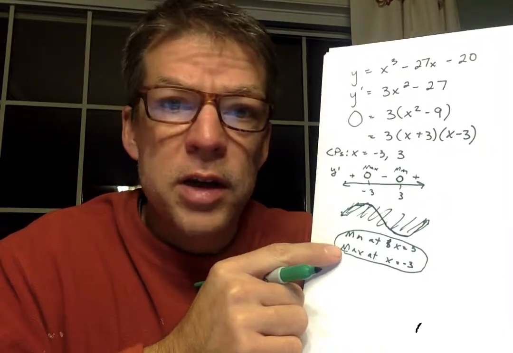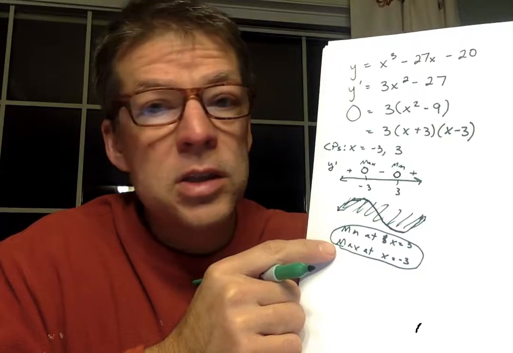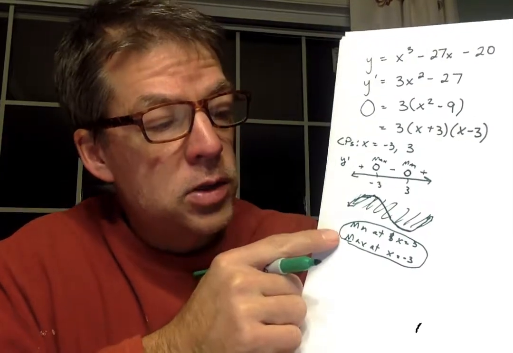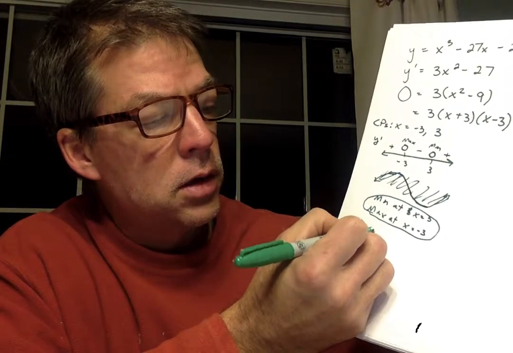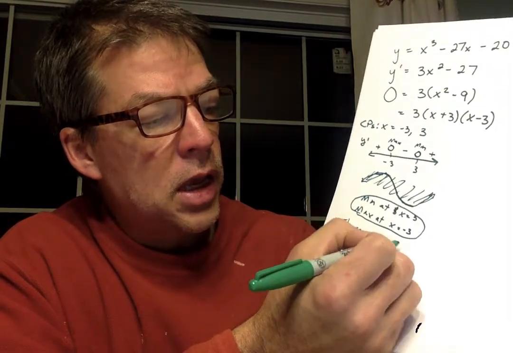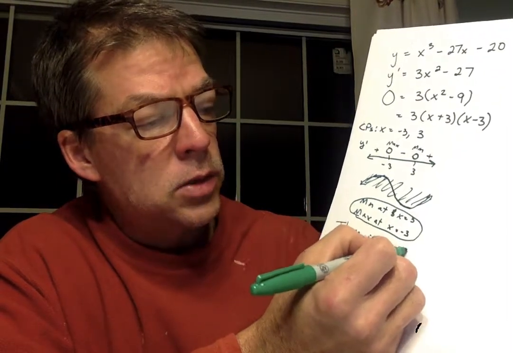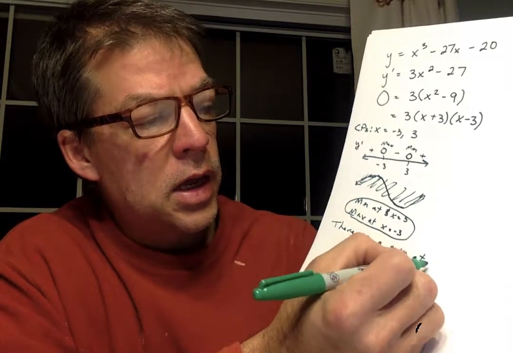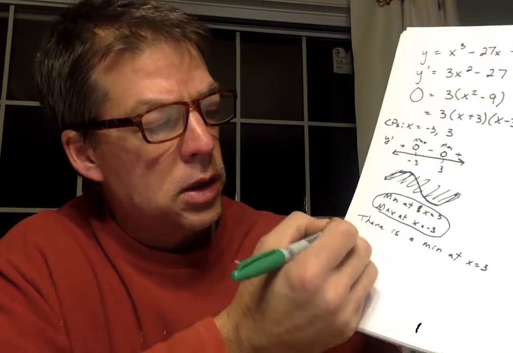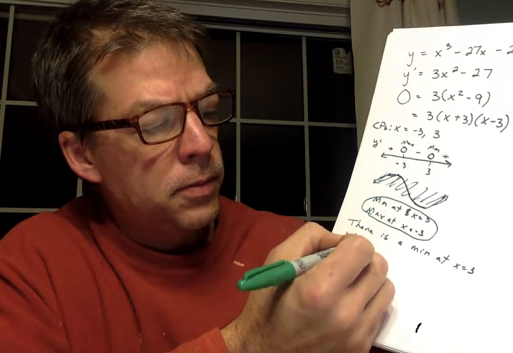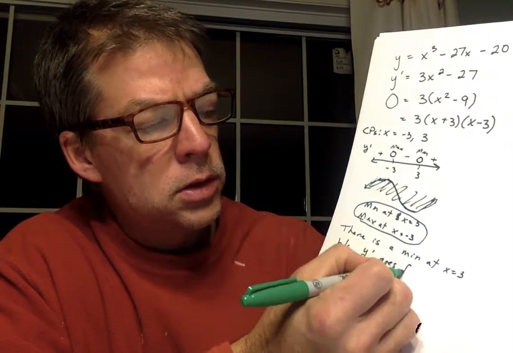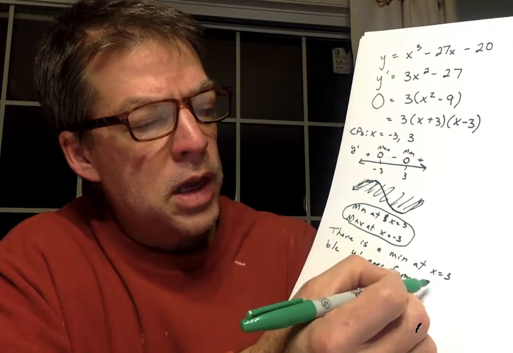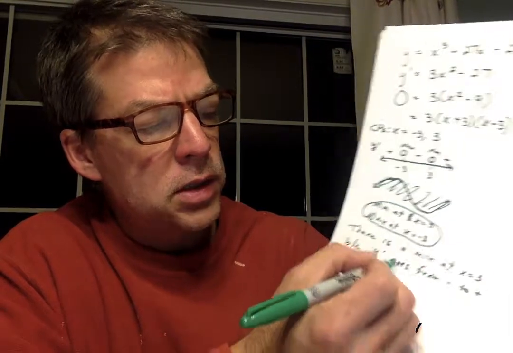they'll ask you to justify your answer, and all it takes is one sentence. Okay, all you got to do is write something like this: there is a min at x equals 3 because y prime goes from negative to positive there.